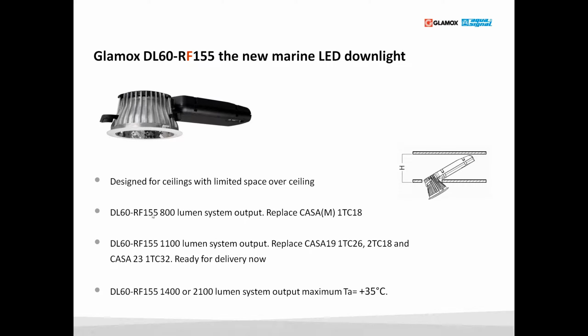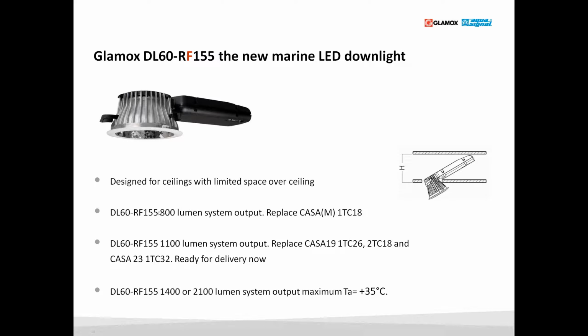So what we have is the RF155 that replaced the Casa Marine 1 TC 18 watt with the 800 lumen output. That is in fact the most sold we have of the DL60 RF type. We have also been selling the RF155 1100 lumen that replaces 2 TC 18 watt, 1 TC 26 watt, and also the TC 32 watt, which we have delivered several of.